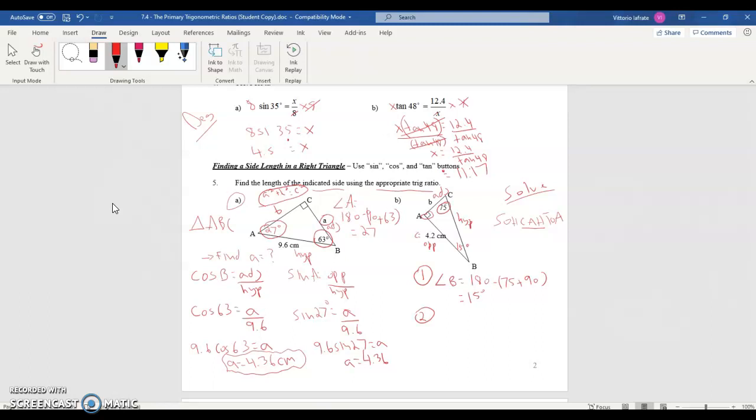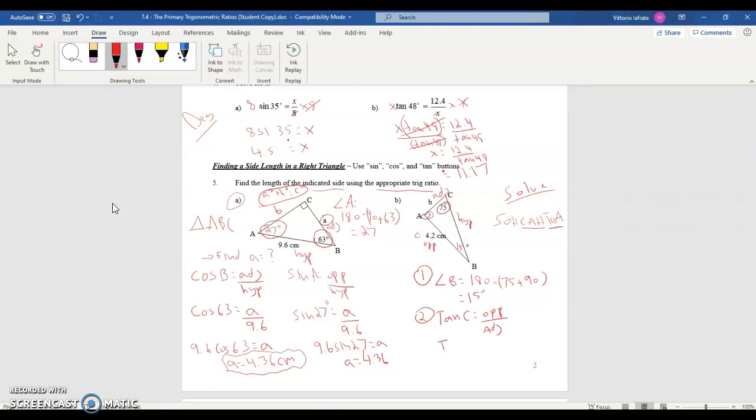But we have adjacent and opposite to deal with. So which ones have adjacent and opposite? It's not CAH, but it's TOA. Opposite and adjacent. So we know that tan of angle C, which is 75, is equal to the opposite over the adjacent.